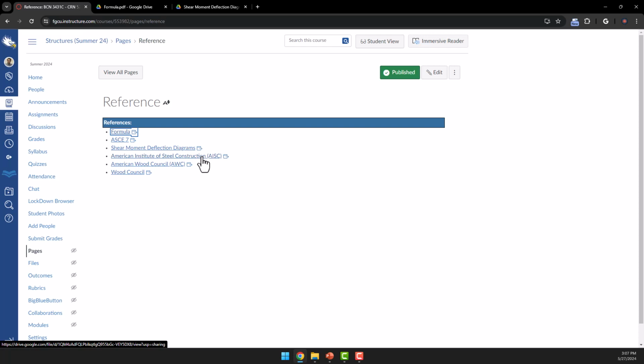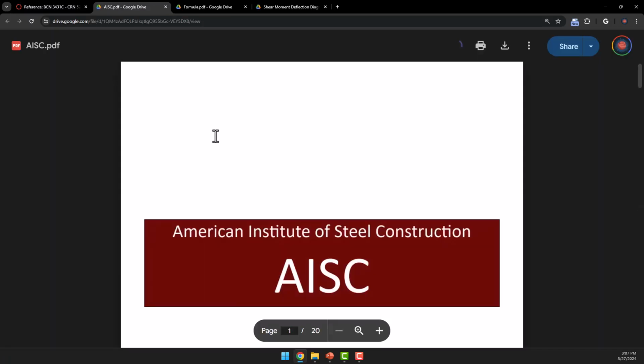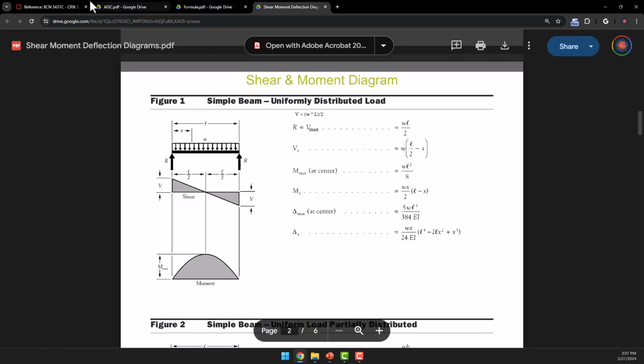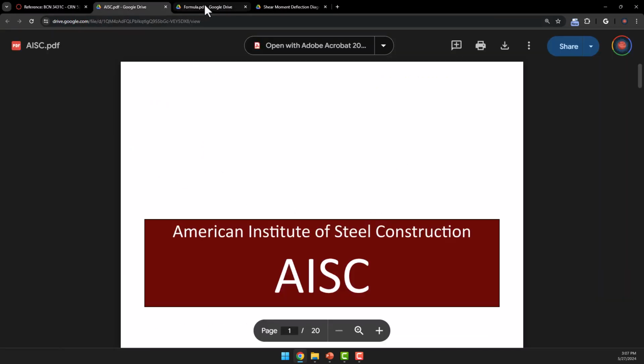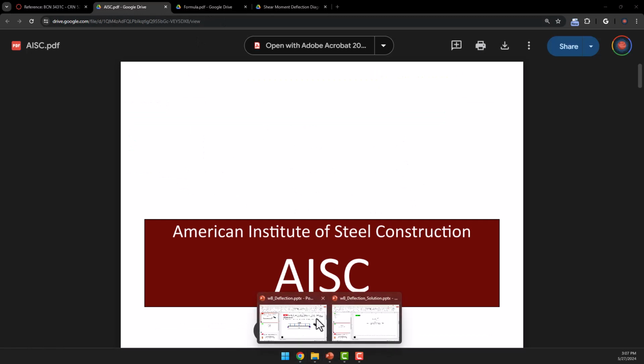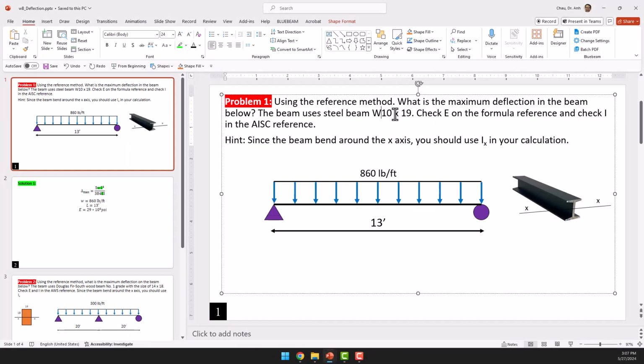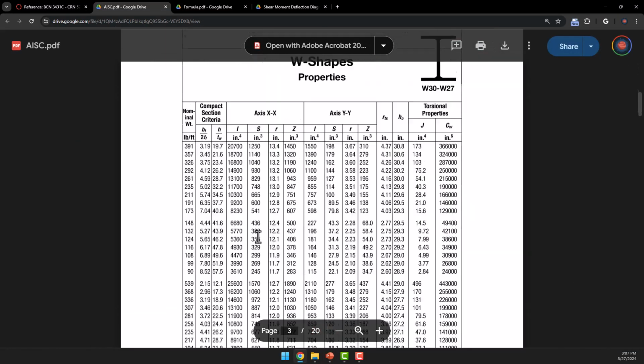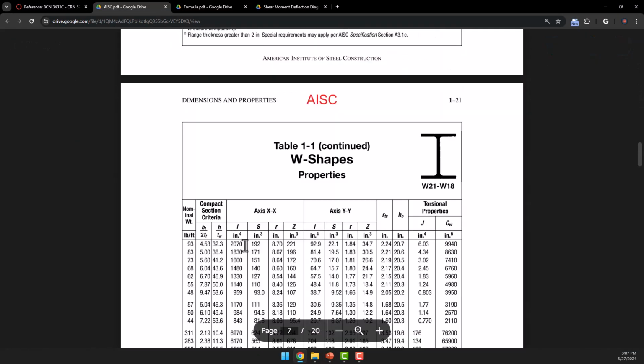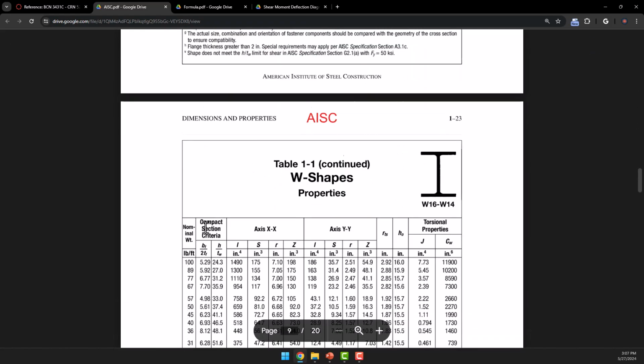However, for now, just click on that and I'm going to show you how to find it. We need to check for the beam W10 by 19.